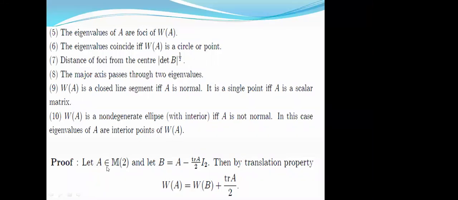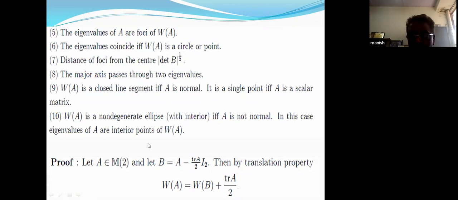What is the proof of this? The proof depends on the proof of the last theorem. A belongs to M2, and we take this matrix B. Then by the translation property, W(A) is W(B) plus trace A by 2.